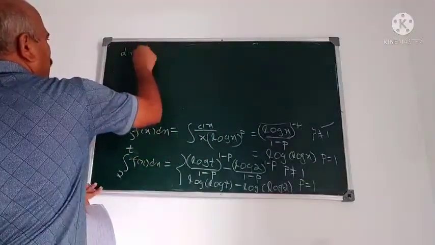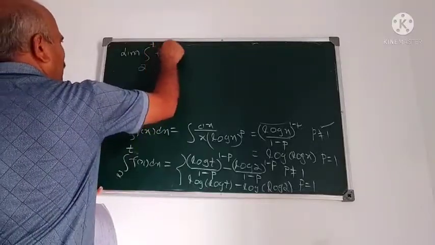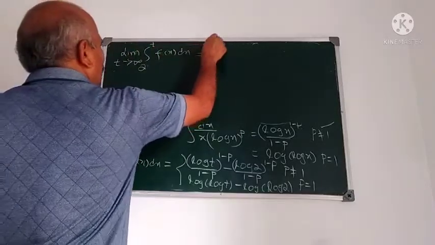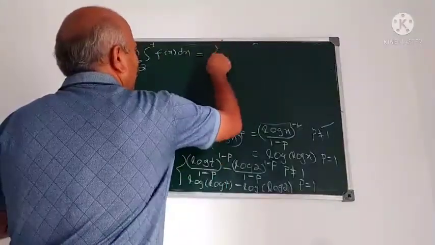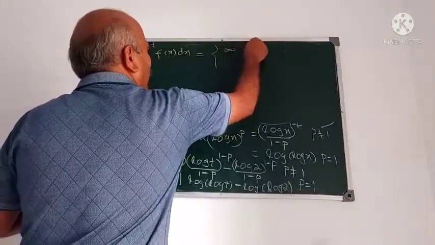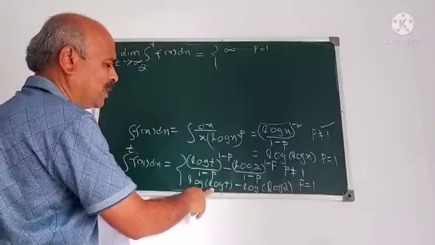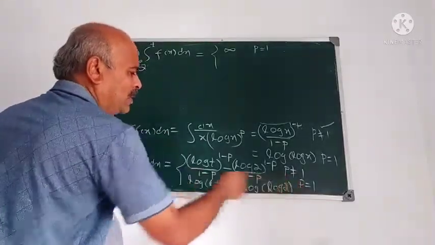The limit of the integral from 2 to t of f(x) dx as t tends to infinity is equal to infinity when p is equal to 1, because here I take p equal to 1 first. Log infinity is infinity when p is equal to 1.